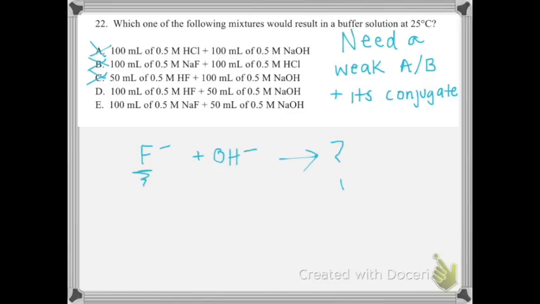We would only still have that. And these aren't going to combine to somehow magically make HF. So E is out. And D is the correct answer. Okay, so buffers: weak acid or base, and its conjugate. And then the buffer will resist changes in pH, and we can use the Henderson-Hasselbalch equation.